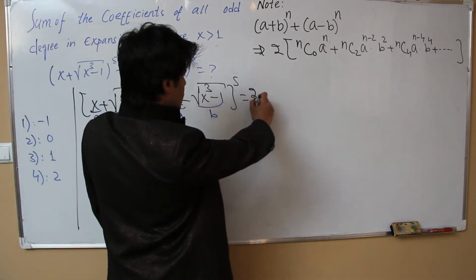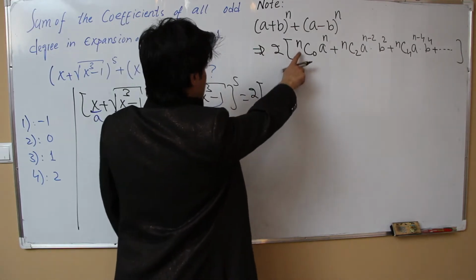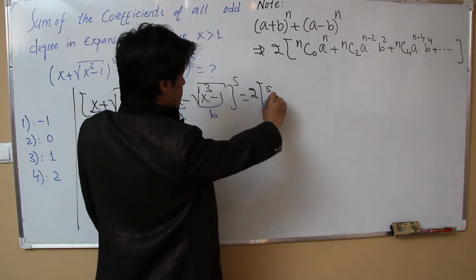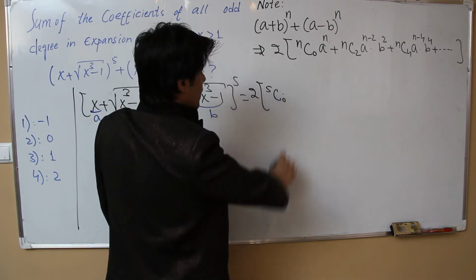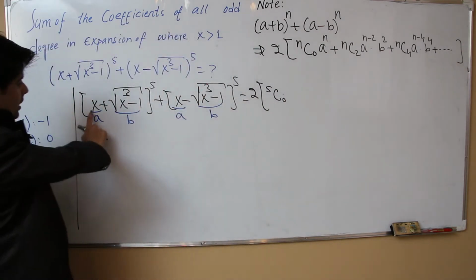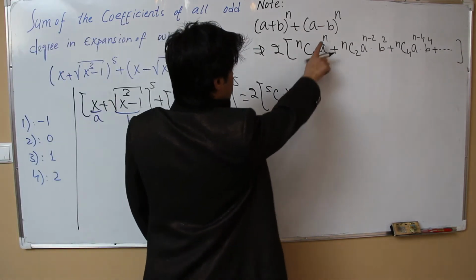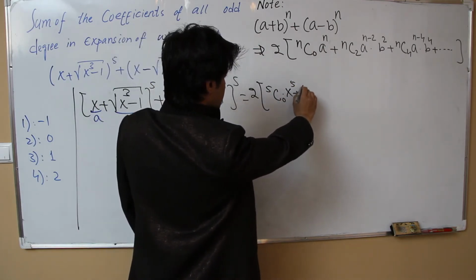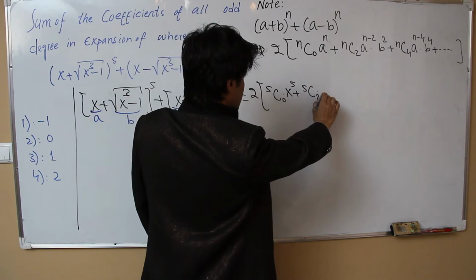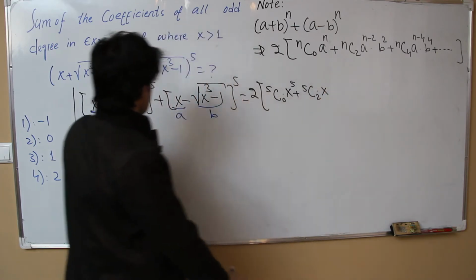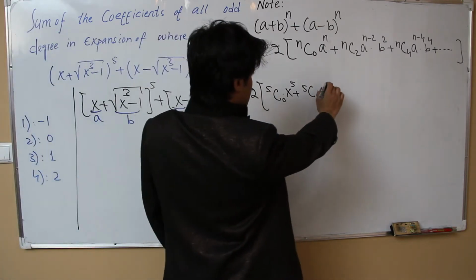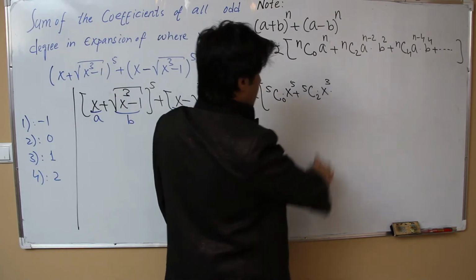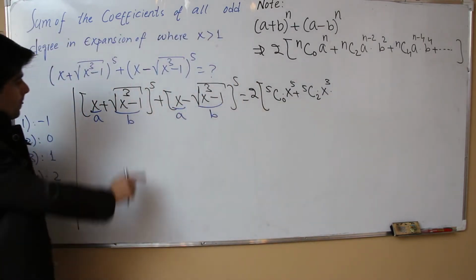Now, you can use this formula. 2 times, n, what is n? 5 c0 a, what is a? x to the power n, n is 5, plus 5c2 a x to the power n minus 2, 5 minus 2, it is 3, times b, what is b?